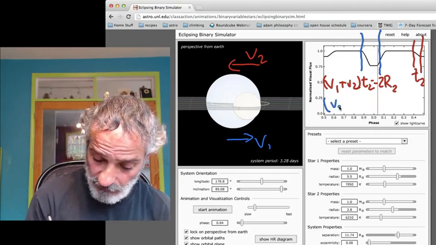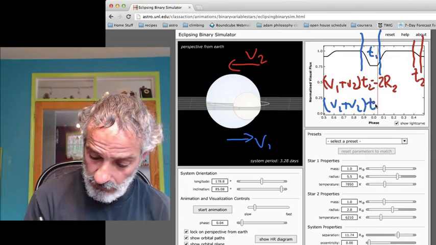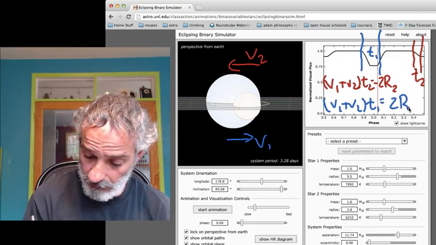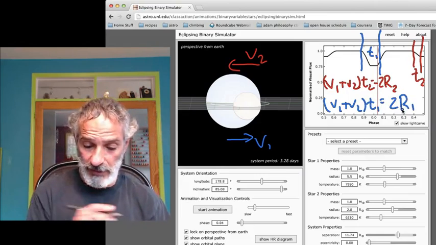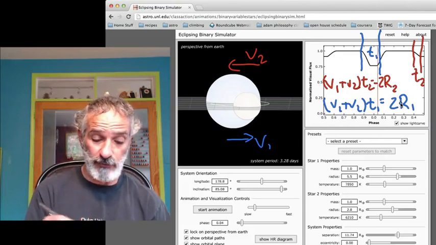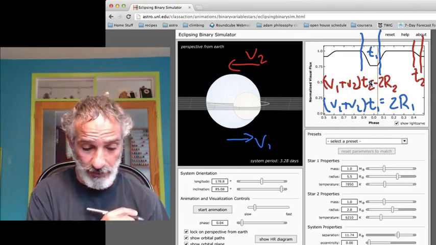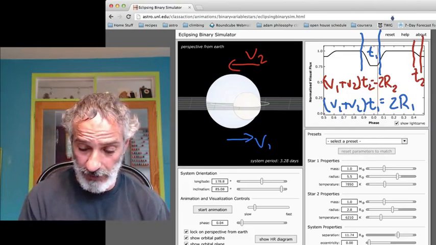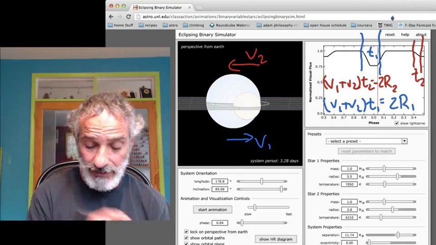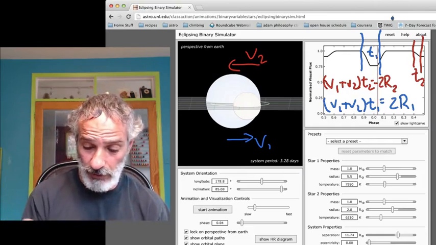So v1 plus v2 times this interval t1 is just twice r1. So we have a measurement of the radii of the two stars, and at least their ratio if we don't have Doppler shift measurements. If we do have Doppler shift measurements, we can get the exact radii, but certainly we can get a ratio of the radii. We found the brightnesses of the two stars independently. We can also get an independent measure of the temperature.